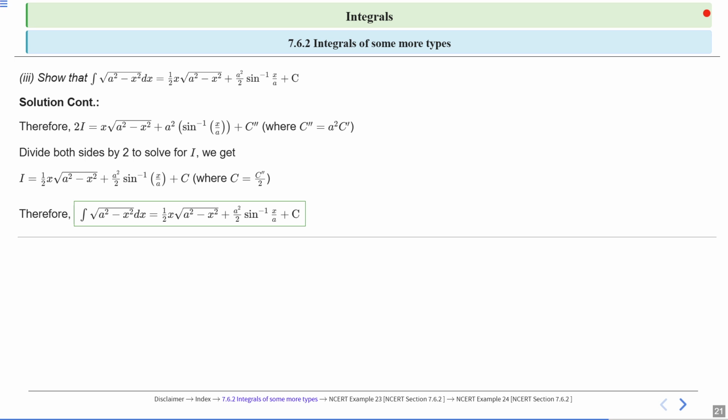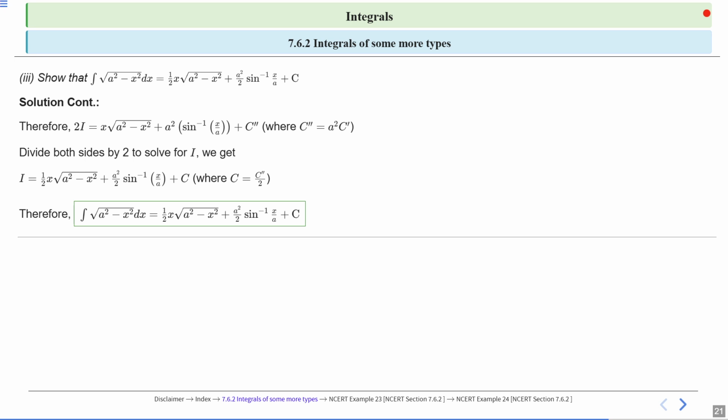So now we have another three special cases, that is integration of root under a square plus x square, then integration of root under x square minus a square, and integration of root under a square minus x square. Okay. And if we remember these three formulas, we also remember the other three formulas with division, that is integration of 1 by root under a square minus x square, integration of 1 by root under x square plus a square, and integration of 1 by root under x square minus a square.